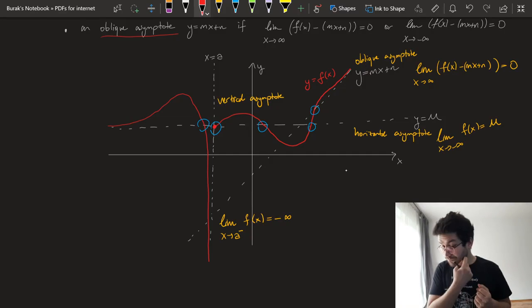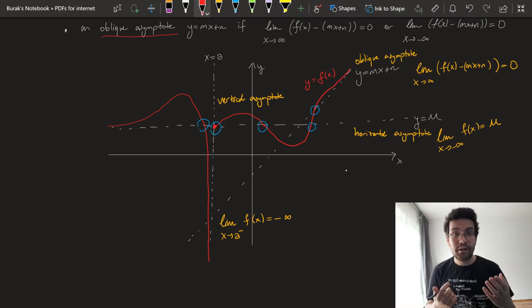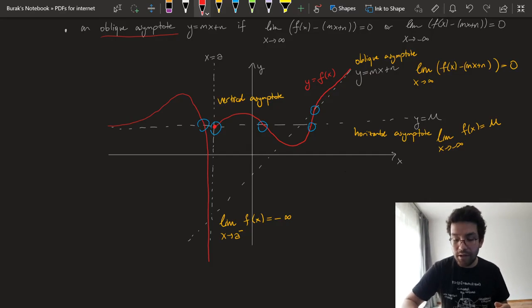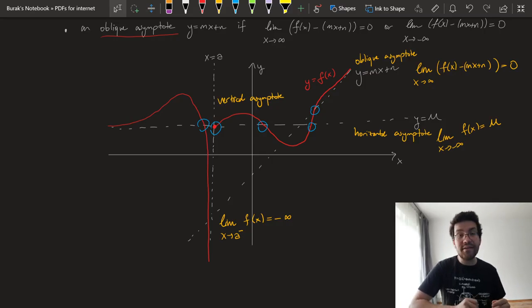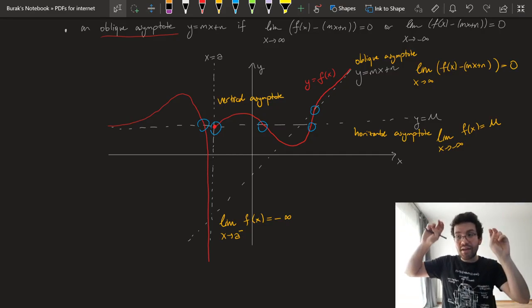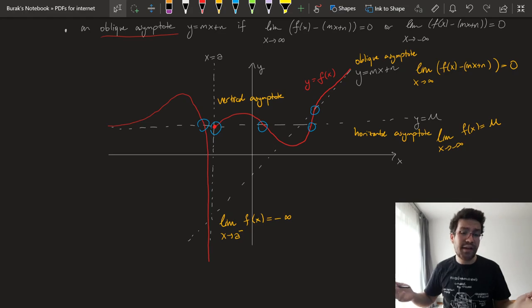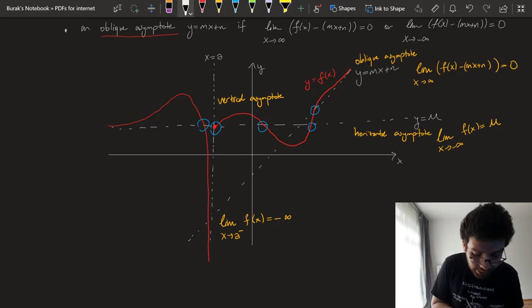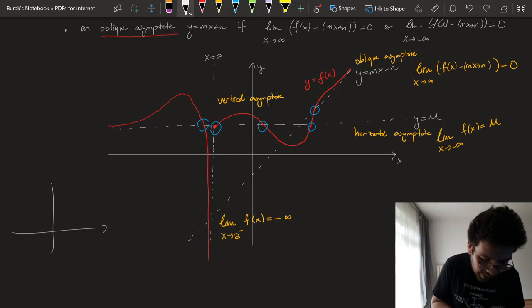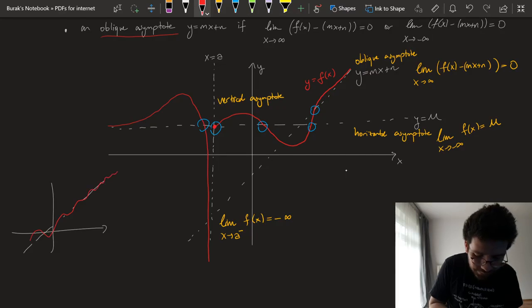And a second point, the graph of your function can intersect the asymptote. Some of you may object to this by saying that, okay, it intersects it, but for example, this oblique asymptote, in the limit process, when x is very, very big, it does not intersect. Well, I could have drawn a graph where the graph intersects the asymptote infinitely many times.